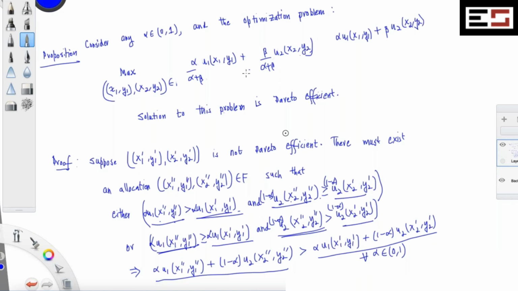Because all that you have done is, just to make sure that the sum of weights is 1, you have divided this by alpha plus beta. Okay, so the solution to this problem will be the same as the solution to this problem. Yes or no? If you maximize this, subject to the feasibility constraint, subject to choosing a feasible allocation, you'll get the same solution, because you just divide the entire objective by alpha plus beta. It's not going to make any difference. Is that clear? Okay.